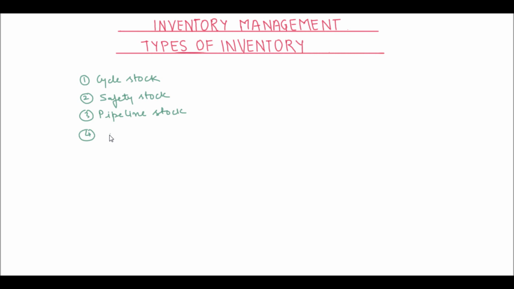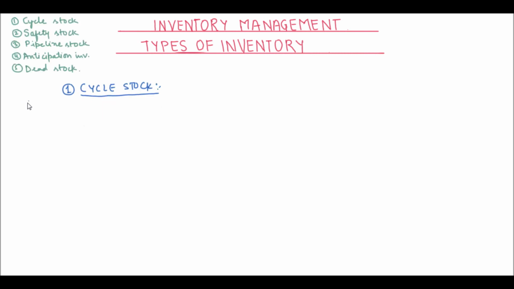Fourth, anticipation inventory. And fifth, dead stock. Now let's take each of these in detail one by one.